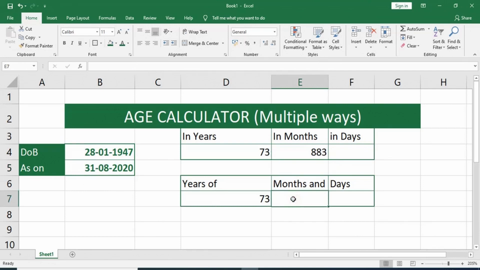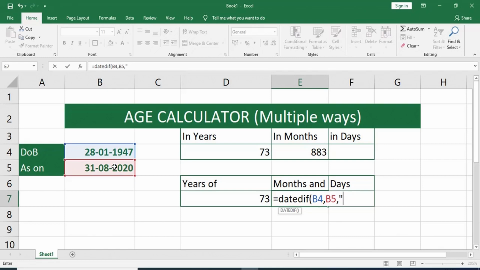And now in this case I would like to calculate only the months after 73 years, then the formula will get changed, equals to DATEDIF, open bracket, from, comma, to, comma, inverted commas open, and here I would like to calculate months but after years.